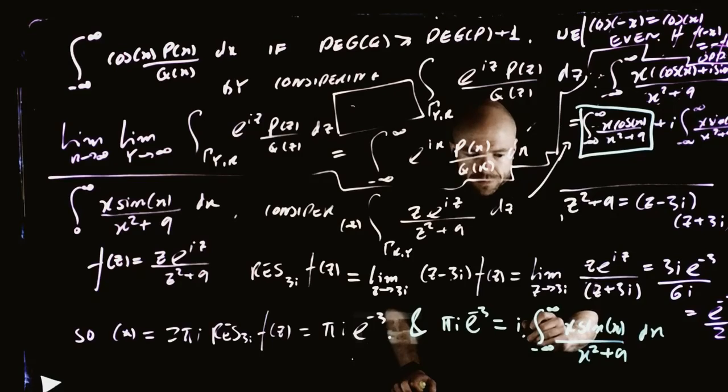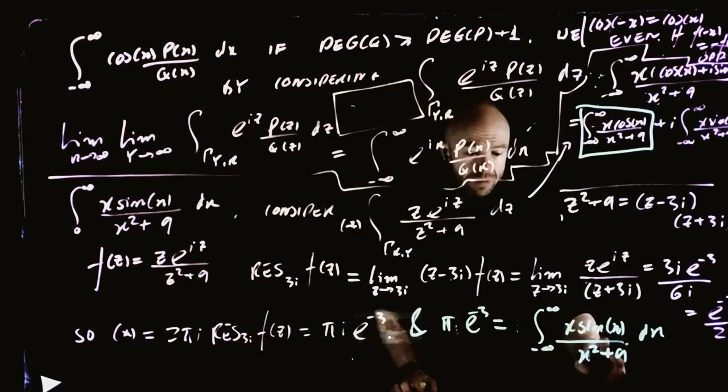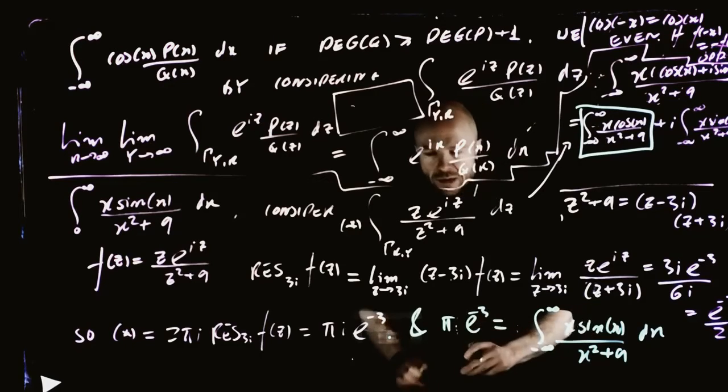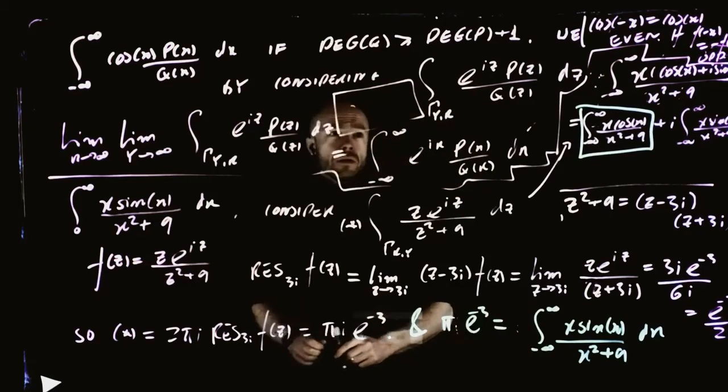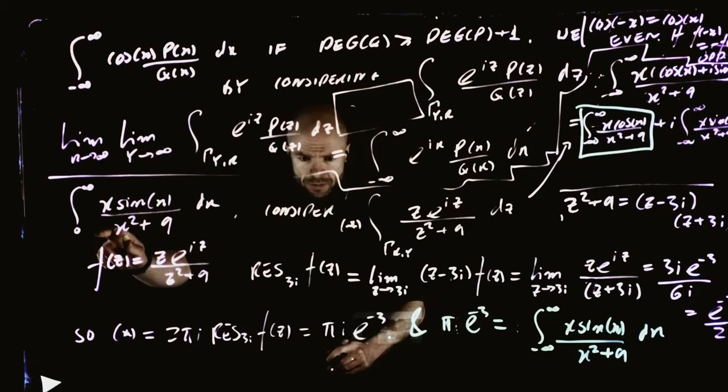And therefore, just getting rid of the i, we should have that this is equal to this. Which isn't quite what we're looking for because the original problem was this.